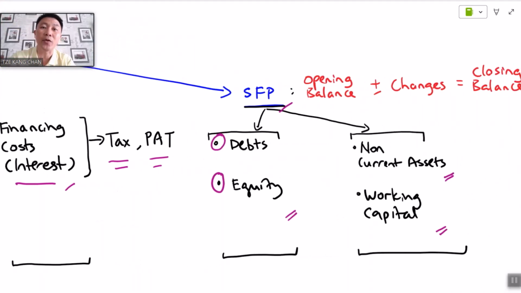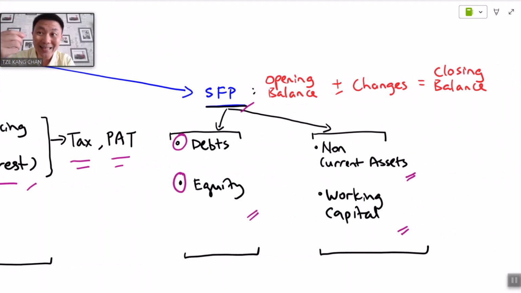The same applies to the statement of financial position, SFP. Based upon the additional information, students are required to determine the forecasted amount of debt and equity after the financing activity, and also the amount of the increase in non-current assets as well as working capital, if it is catered for expansion of the business from the additional funds raised.